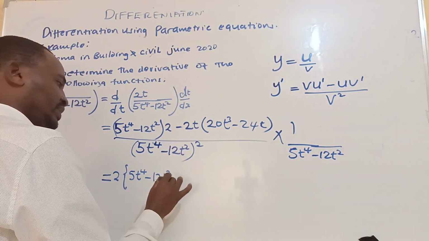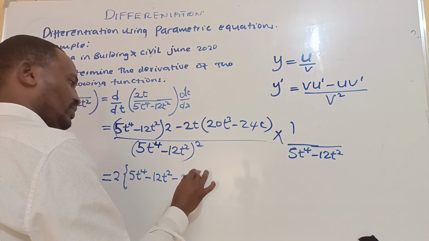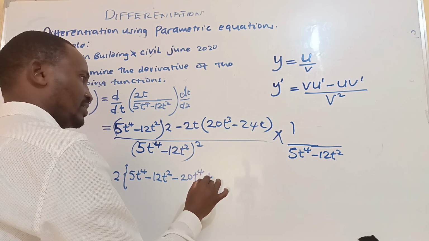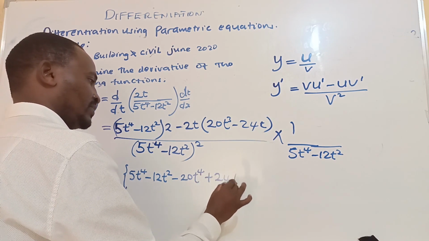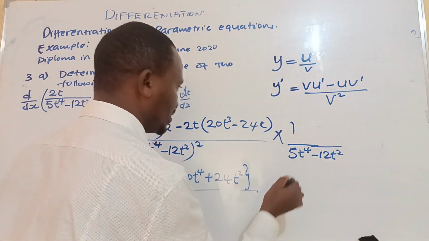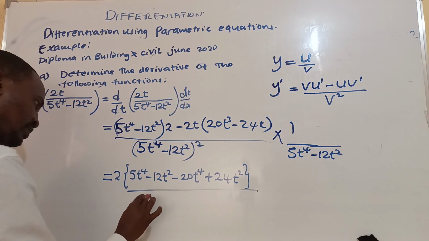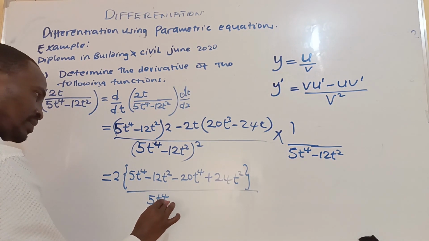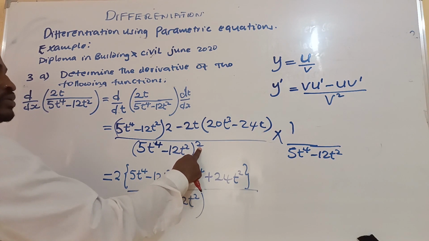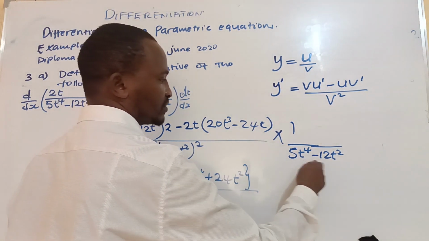I'll open the bracket with the negative: negative 20t to the power 4 plus 24t squared, over, multiplying the denominators, 5t to the power 4 minus 12t squared, which was power 2, and they are similar, so 5t to the power 4 minus 12t squared times 5t to the power 4 minus 12t squared.